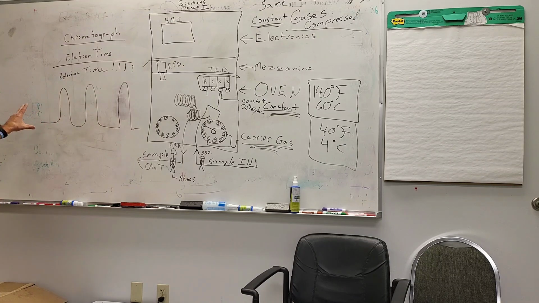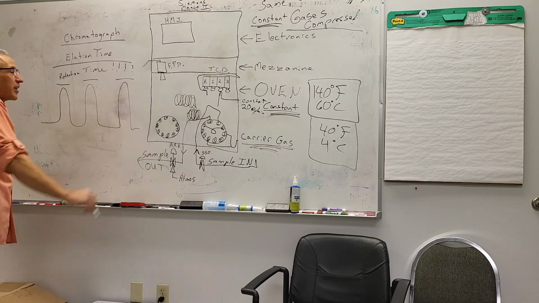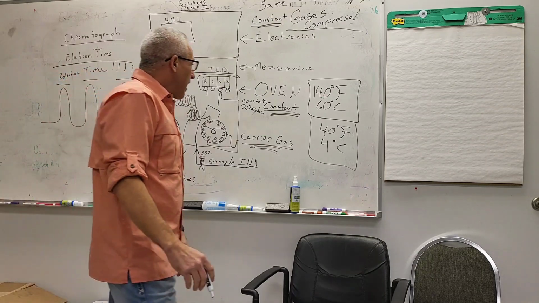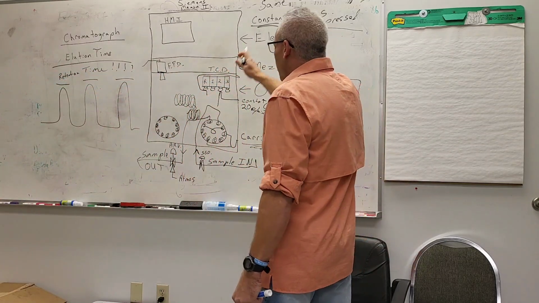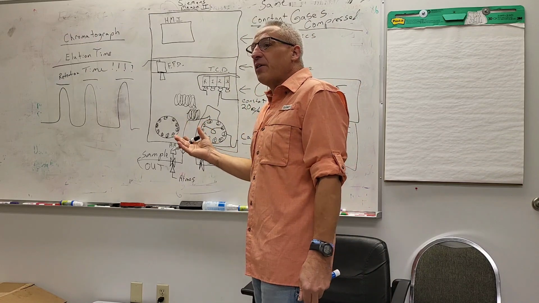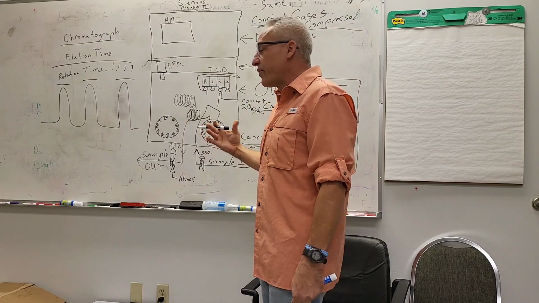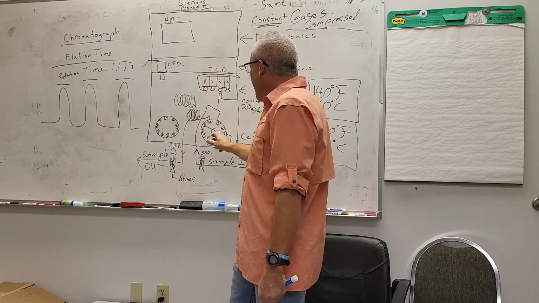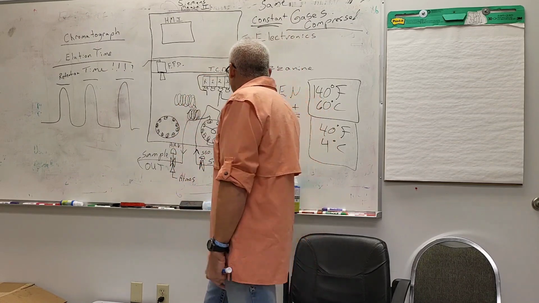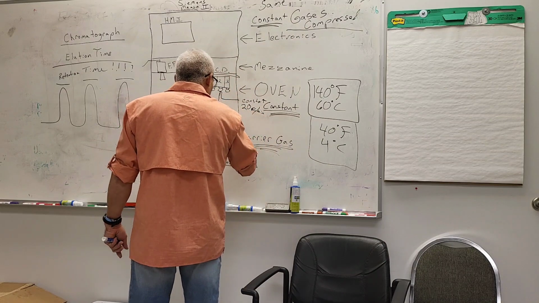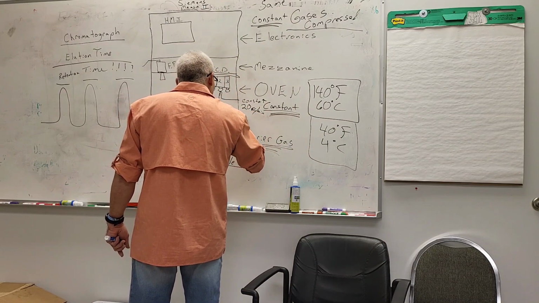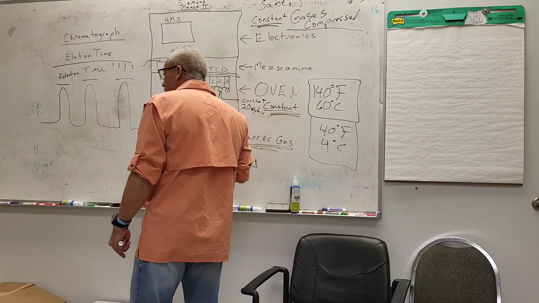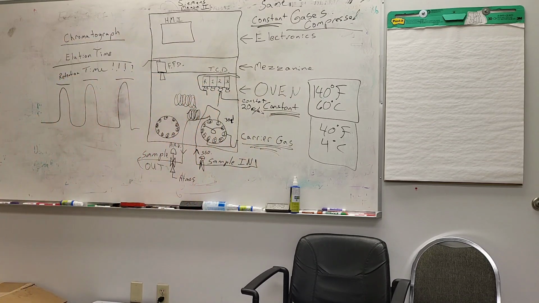And since it is going to be the same size sample that we're using, and we're using a bottle to calibrate this thing, we're going to have the same size sample, which is our sample loop, and this is going to be 30 microliters. That's like a cube, microliters.